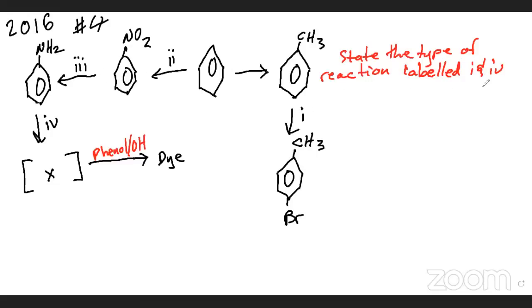All right, so reaction labeled 1. What is it? Going from methylbenzene to bromomethylbenzene. What is it? Right, halogenation. So this reaction here is halogenation.